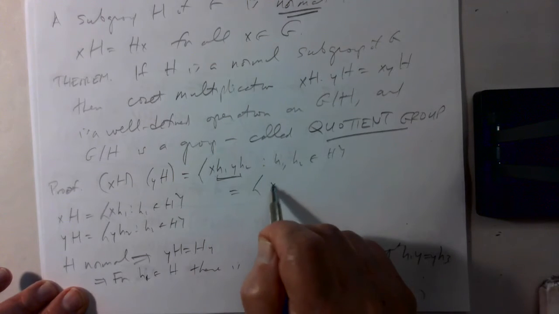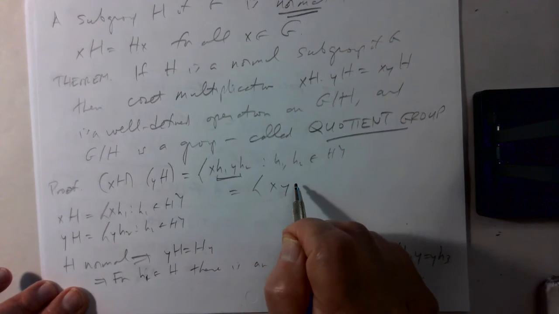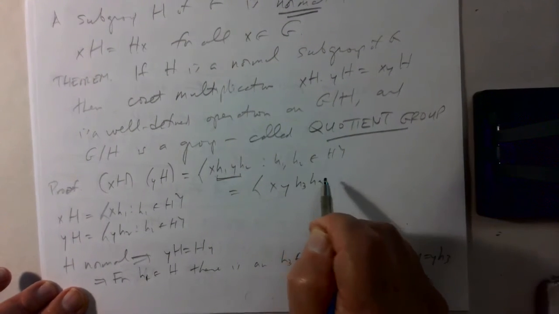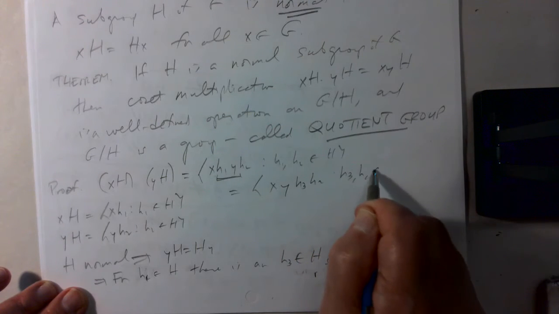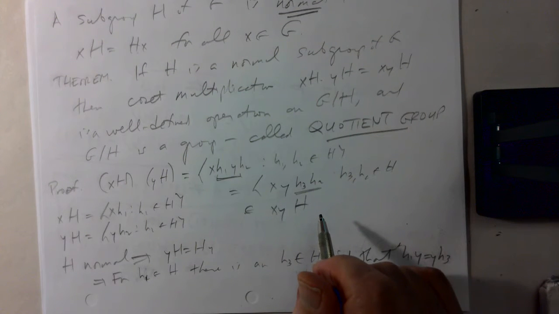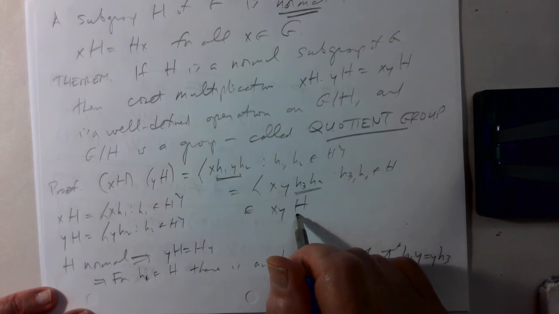Any element which is something in H times Y can be written as Y times something else in H. So this element can actually be written as XYH3H2, and this is an element of H. This is in the coset XYH. And if you take anything in XYH, you can write it as XHYH.